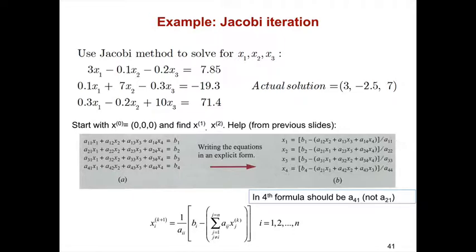And after you do that, let's try to iterate. Start with x0, so that my initial guess will be 0, 0, 0. And I want you to compute the x1 and x2 vectors. Within these two iterations, let's see how quickly we get to the actual solution that is given right here.